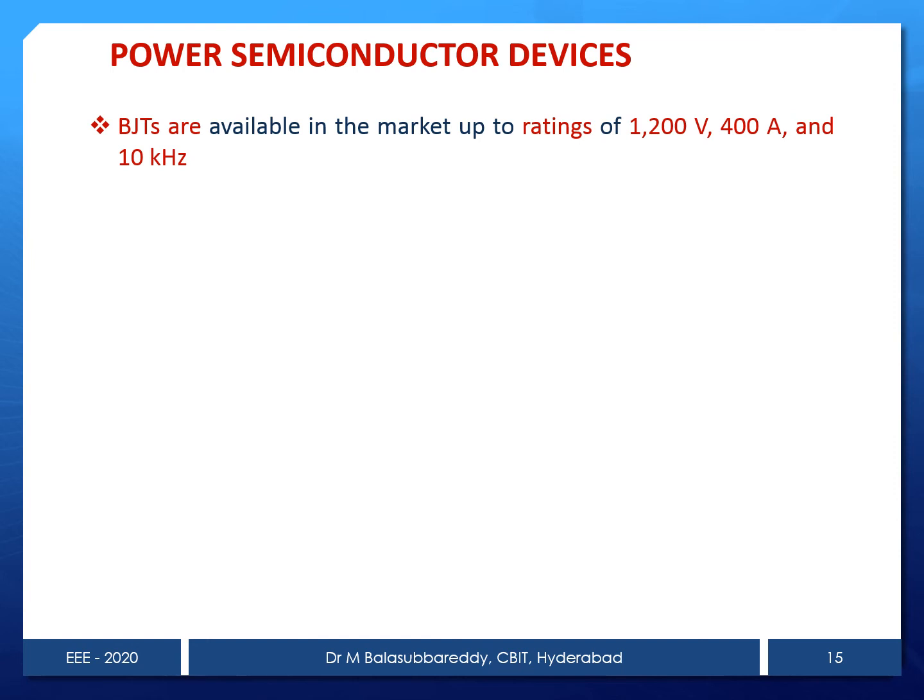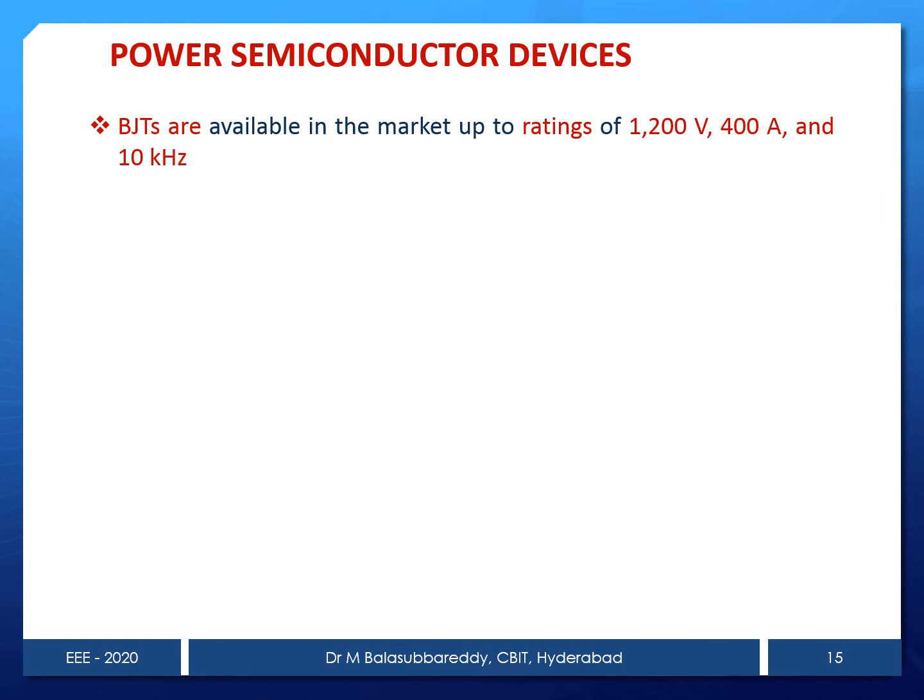Another one is the BJT. BJTs are available in the market up to ratings of 1200 volts and 400 amperes and up to 10 kilohertz of frequency. We can observe the ratings when compared with the thyristor. The thyristor is a very high rating device, but the BJT has a very small rating compared to the thyristor.